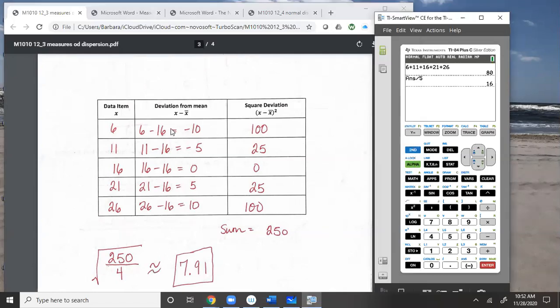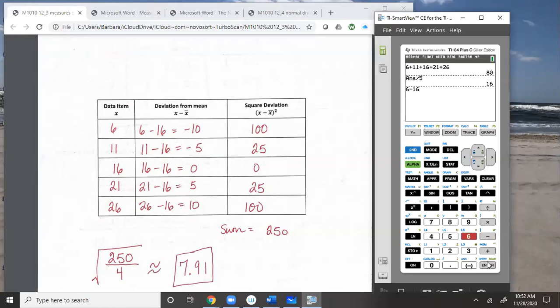All right, so I'll do the first one with you. 6 minus 16, enter, and then press that squared button, and we get 100. In the next one, we have 11 minus 16, enter, we get -5, square it, and the answer is 25. We're going to do that for each of them.